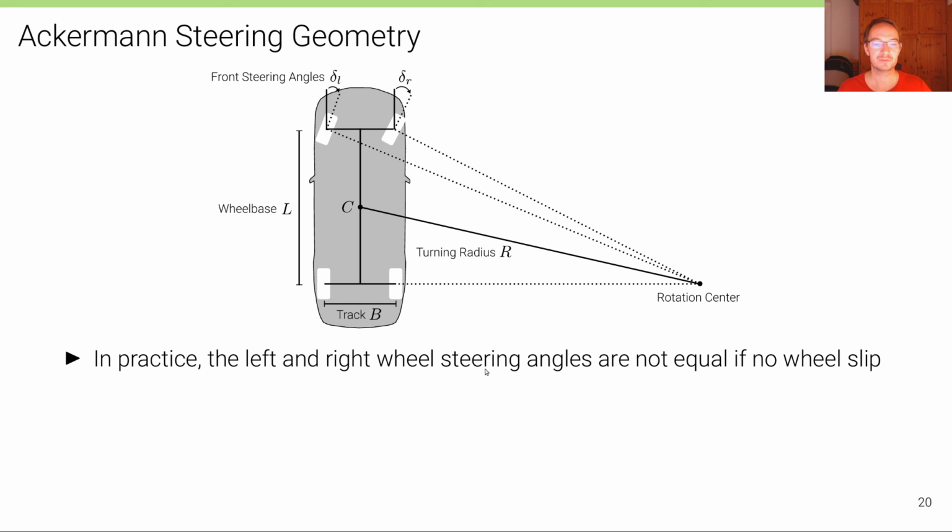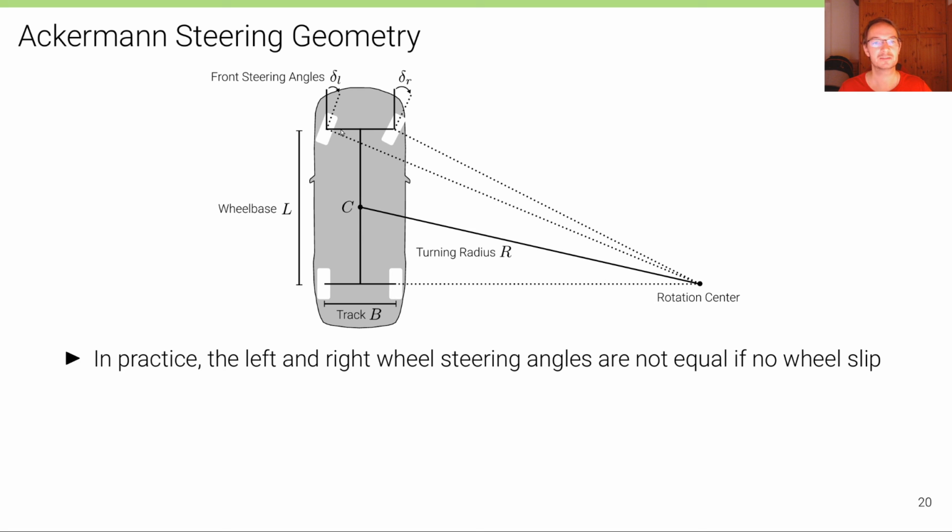So in practice, the left and the right wheel steering angles are not equal if there is no wheel slip. And this is particularly prominent if we make a sharp turn, if this rotation center is close to the vehicle. And you can see this already here.